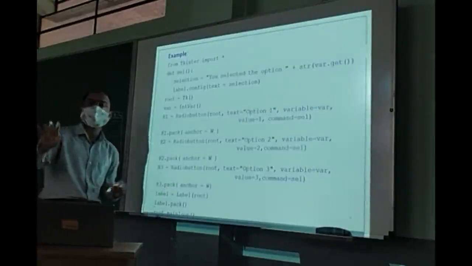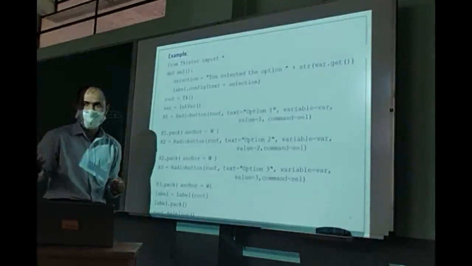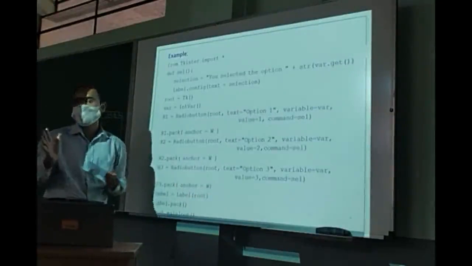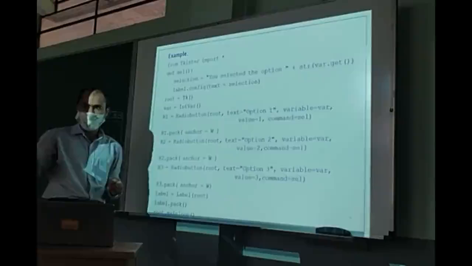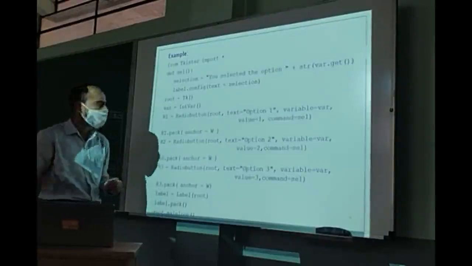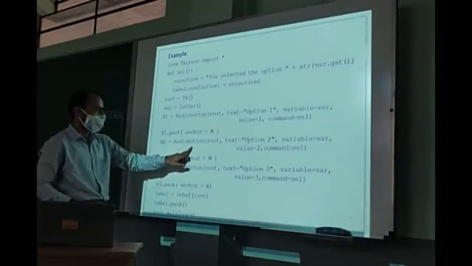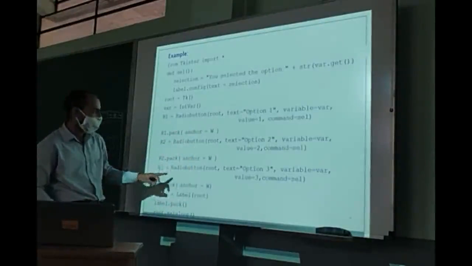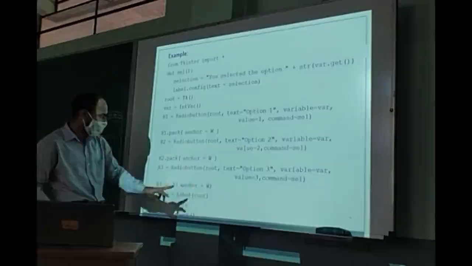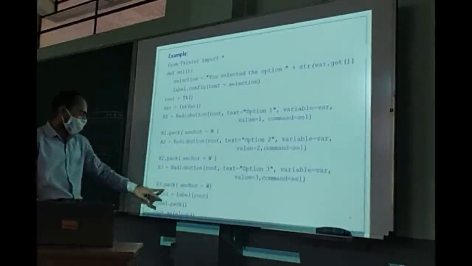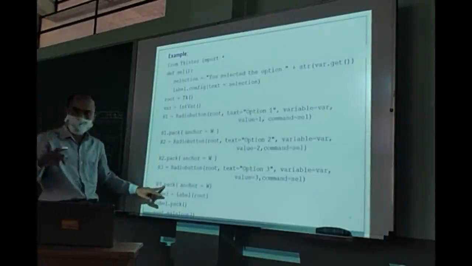Otherwise, it will not behave in a mutually exclusive manner. If I select one, others should get deselected. That will not happen if you assign different variables. Okay, second radio button is created. In the same way, we have created the third radio button as well. Then all of them have been added on the container.